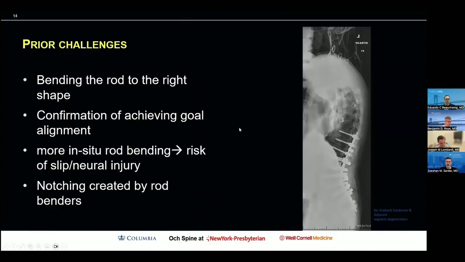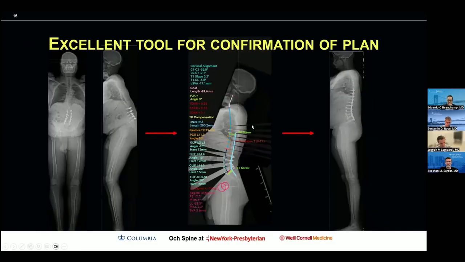Before we got these custom rods, before we could plan these appropriately, it used to be a lot of guessing intra-op, a lot of gestalt, a feeling of, yeah, this kind of looks right. We would bend the rods intra-op without any true confirmation of things. And as we bend the rods, you also create notching, and so that creates the risk of rod fractures. But now we don't do that anymore. Now we plan the alignment beforehand. We make the rod according to the plan, and then we execute the plan.